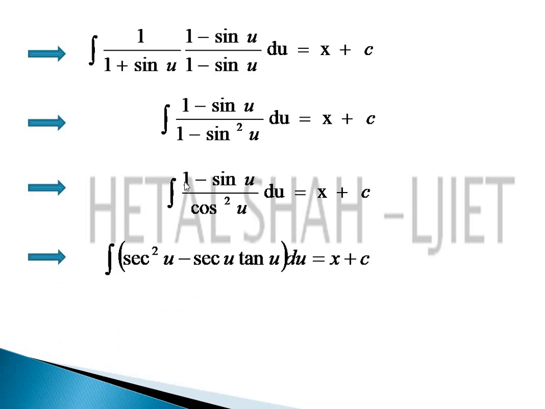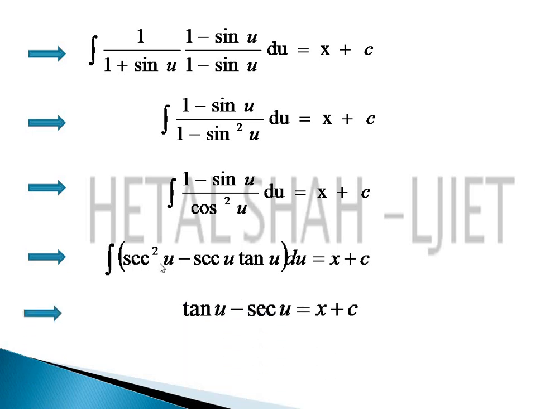Separate both the terms, so the integration of 1 upon cos square u, that is sec square u, and sin u upon cos square u, so sin u upon cos u is tan u, and 1 upon cos u is sec u, is equal to x plus c.